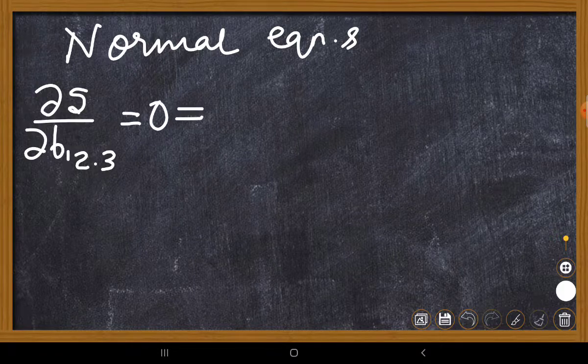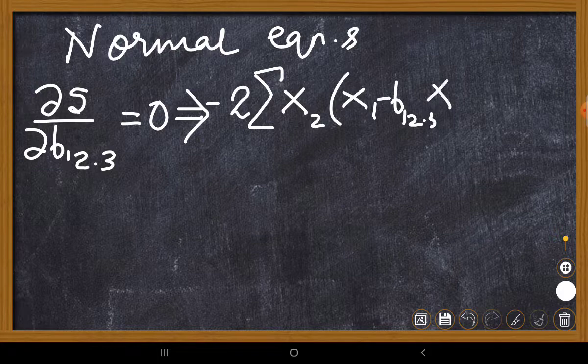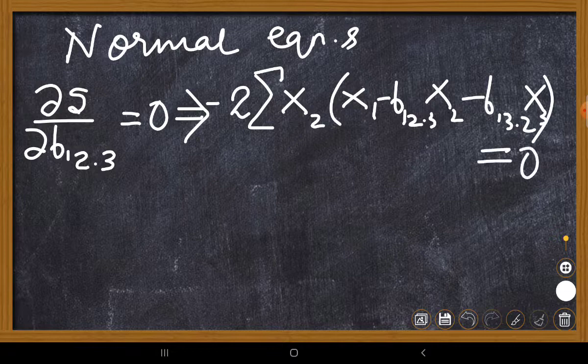If you differentiate, minus 2 is constant so it comes outside, and here you have summation x2 into x1 minus b12.3 x2 minus b13.2 x3, equal to 0.